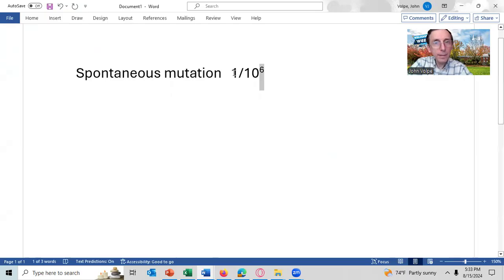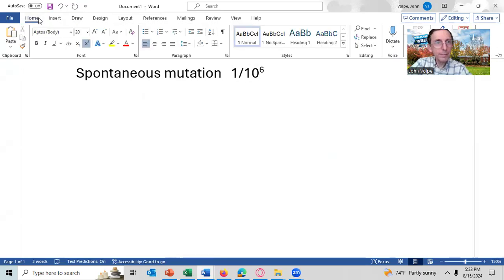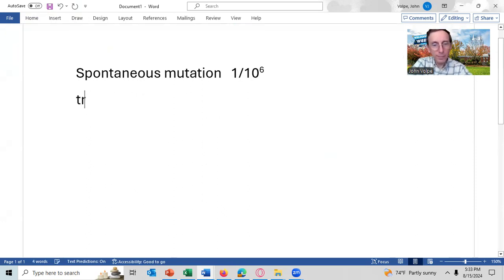Transformation in E. coli, or most gram negatives, happens about 1 in 10 to the 5 cells.